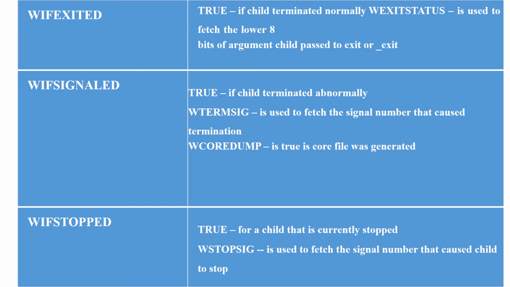It is true if the child terminates normally, and WEXITSTATUS is used to fetch the lower 8 bits of the argument the child passed to exit or _exit. It indicates the end of the normal process, and it produces the integer number that was passed to the exit or _exit function.